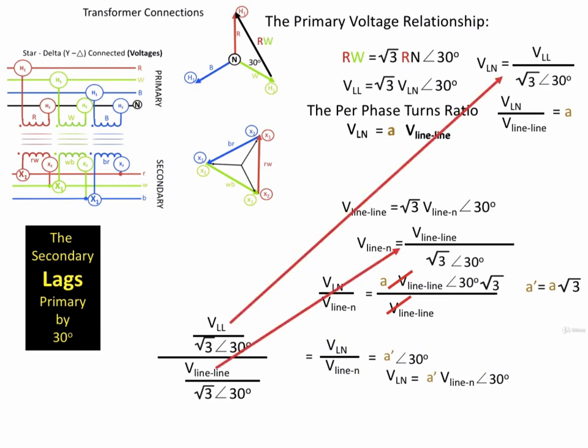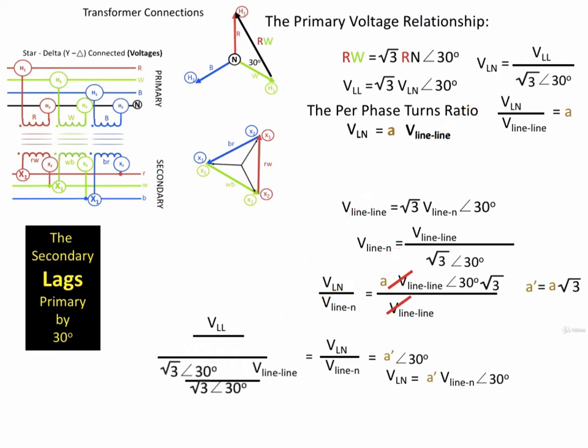Well, these two equations tell us that the primary line-to-neutral is equal to the numerator, and the voltage line-to-neutral is the denominator. We've already developed that, so I just brought them down and put them one over the other, which is equivalent to the voltage line-to-neutral over the voltage line-to-neutral, primary to secondary.